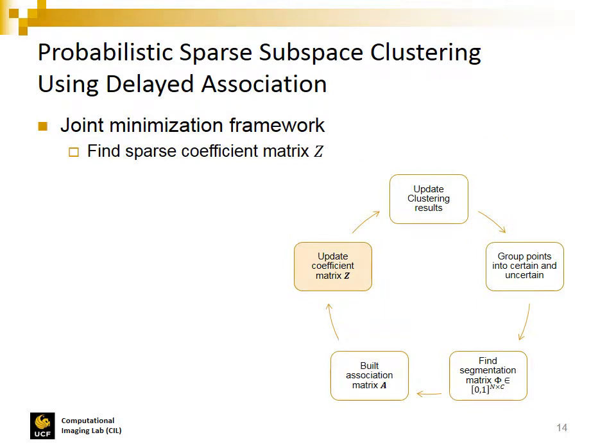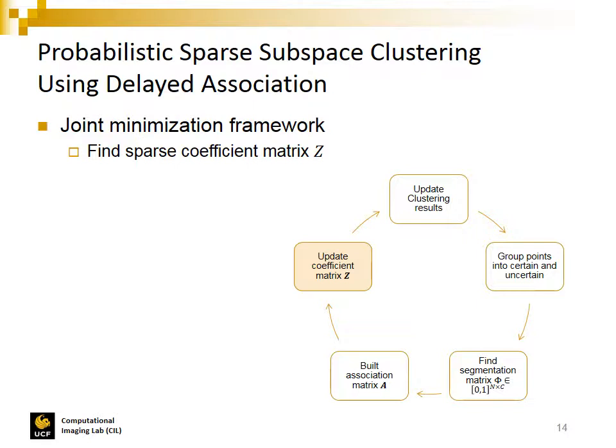Given A, we find the coefficient matrix Z and similarity matrix, which indicate the connection between each point and all the other points in the dataset. So these two matrices A and Z are related to each other and represent similar information about points in the dataset.